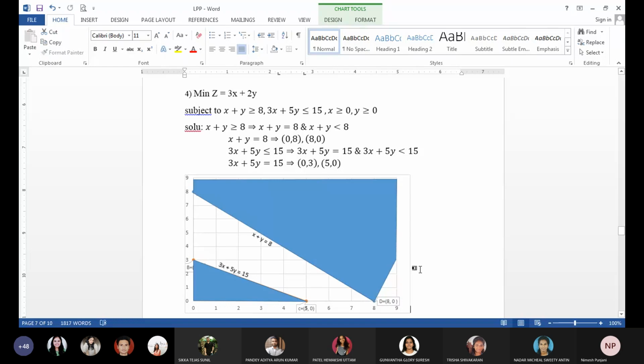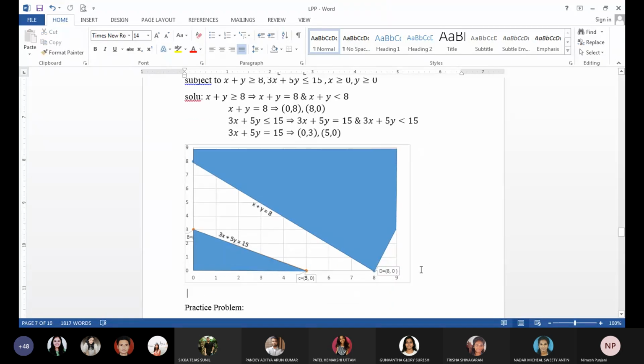So here you can just write down: this problem has no feasible solution as there is no feasible region.